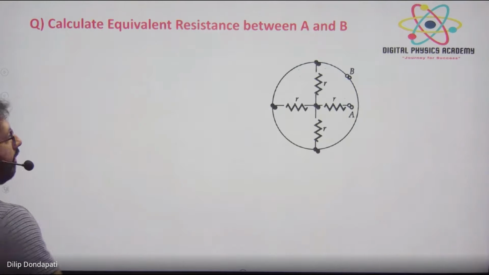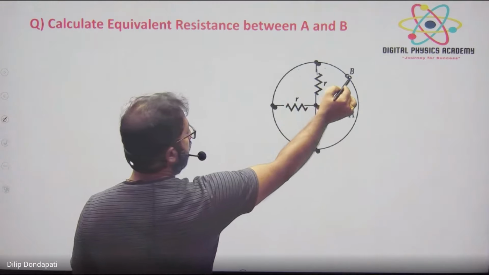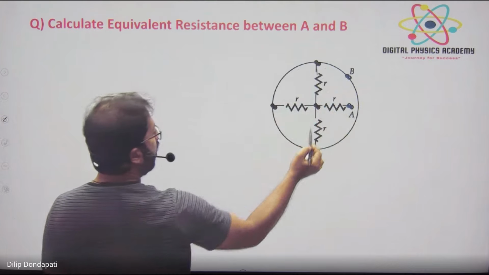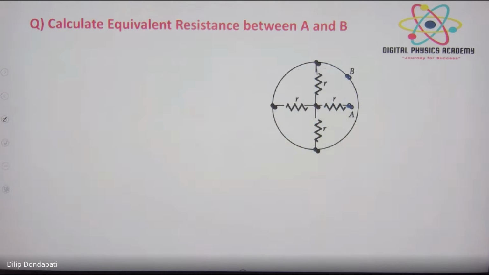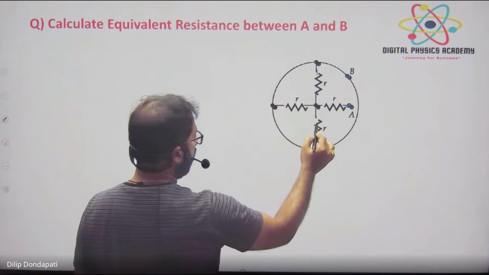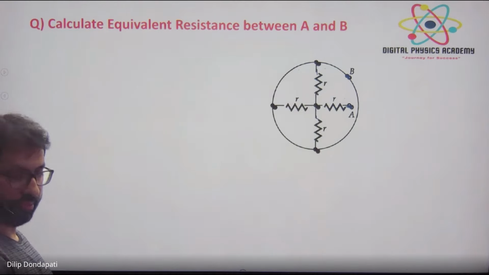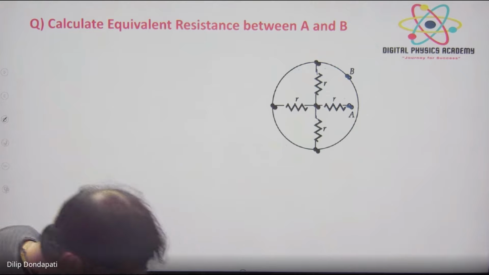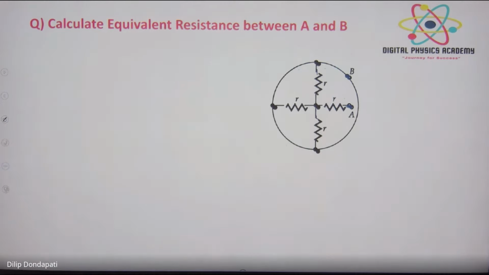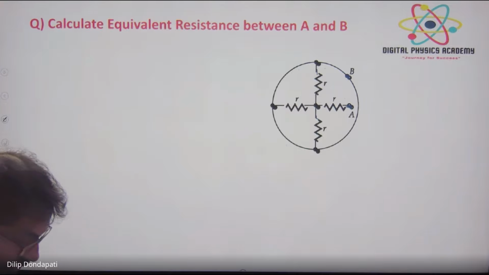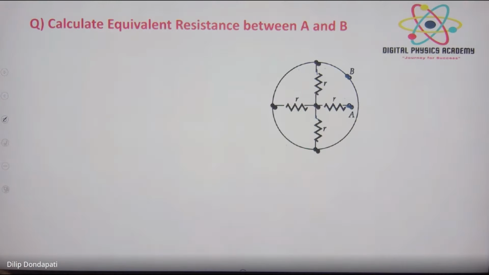It is given in a circle shape. This is B, this is A. Find R equivalent across A and B, and all resistances are the same. Sir, A is not on the circle, right?